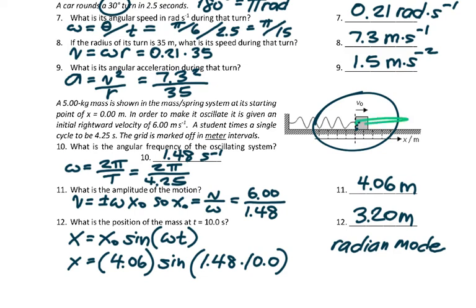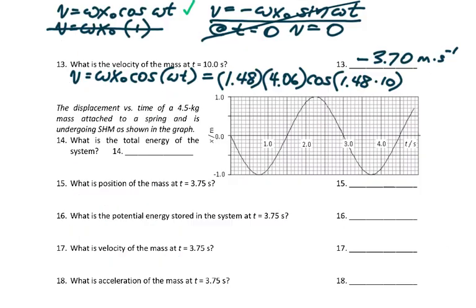So a third of a cycle would be out and maybe about right about there. So at that point in its cycle, it is on its way back, but it hasn't achieved the highest velocity of 6 meters per second. So our answer of negative 3.7 meters per second kind of makes sense because the mass is on its way back to the equilibrium position, but it's not yet at the maximum velocity.